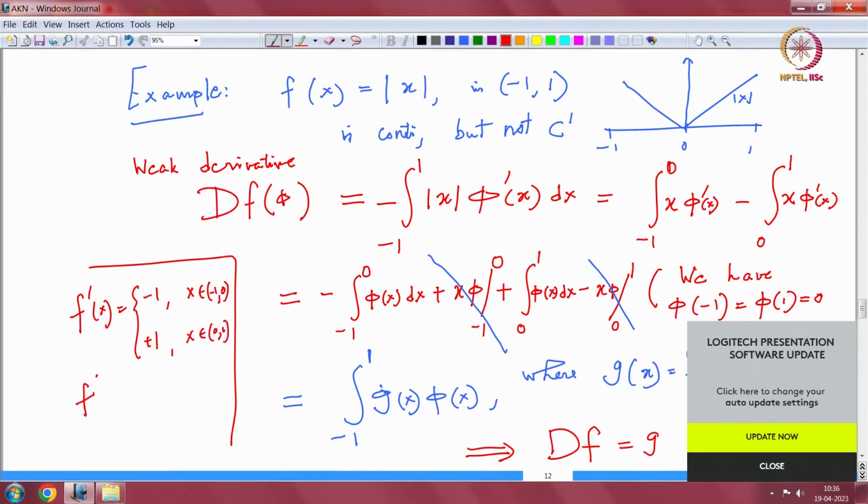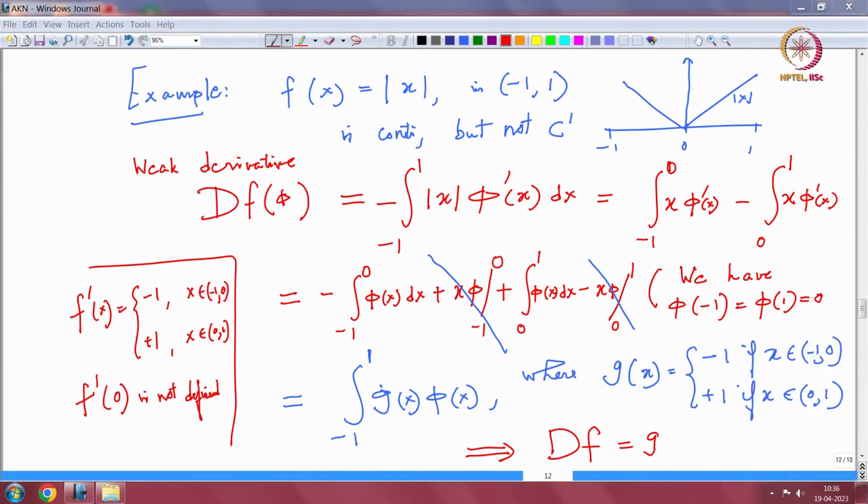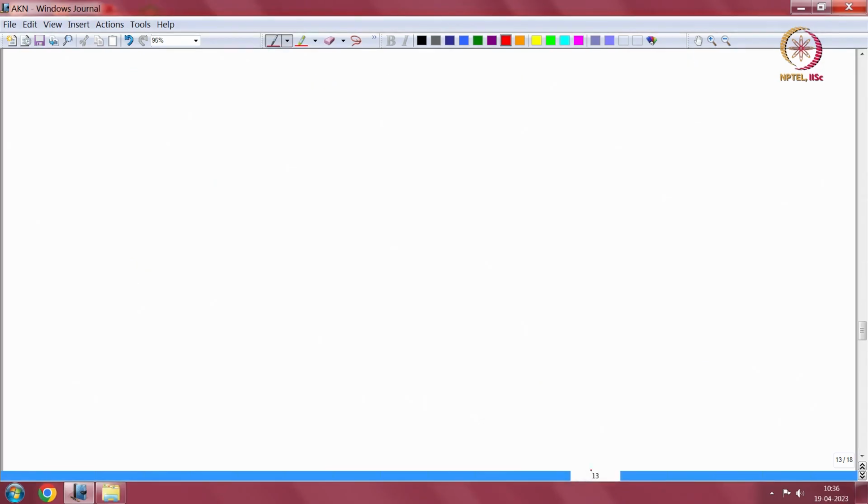F prime of 0 is not defined, that is the only thing. So, it is a classical derivative almost everywhere. In other words, f prime equal to g, that is equivalent to f prime, the classical derivative in the almost everywhere sense except at the origin. So, you are identifying your df equal to g in the classical sense, but the situation is not the same when you get into more difficult problems. So, we will go to another example.